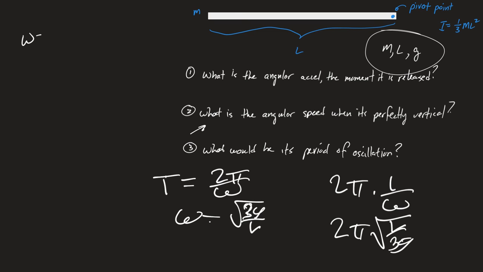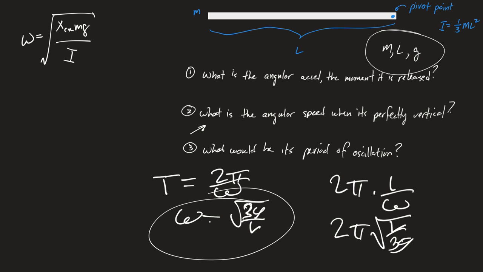So if you plug in for omega the angular frequency, which is the square root of x center of mass mg over I, you get something different than this. Because here it's going to be L over 2 times mg divided by 1/3 mL squared, all in the radical.